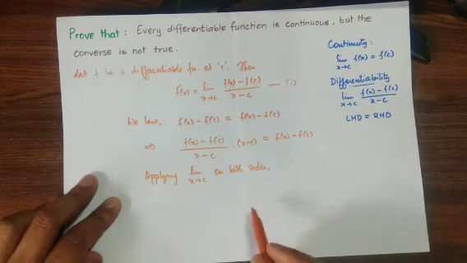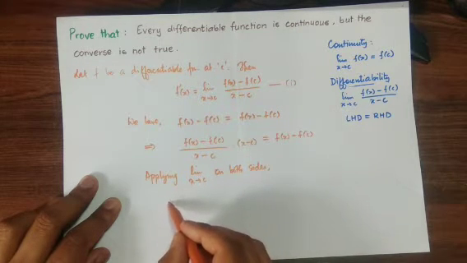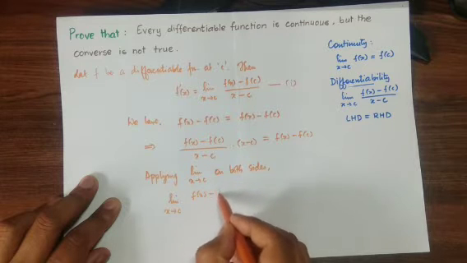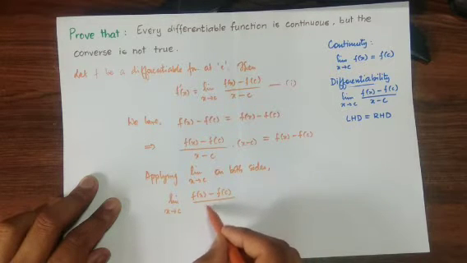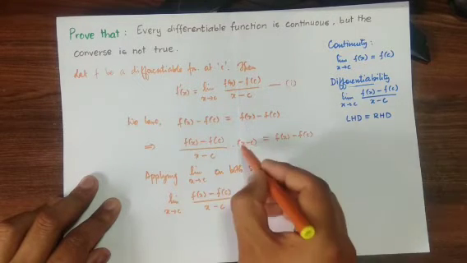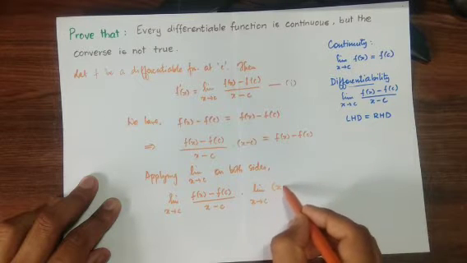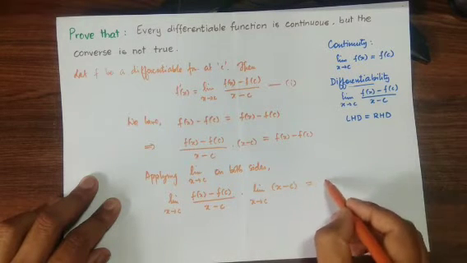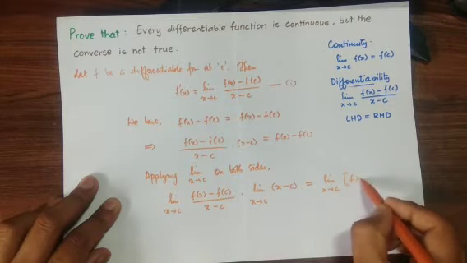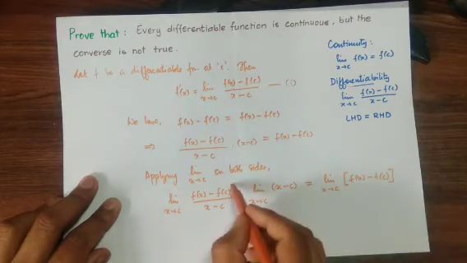So let's see what happens. If I put this limit on both sides, then we have limit x tends to C of f of x minus f of C by x minus C. Now since there is a product here, this limit can be applied here as well. So we have limit x tends to C of x minus C, and here we have limit x tends to C of f of x minus f of C. Okay, now obviously this is equal to how much?